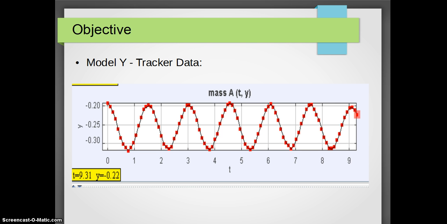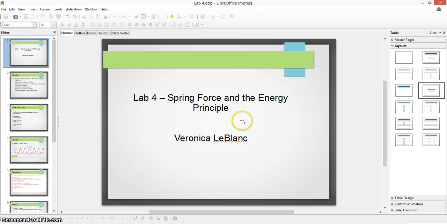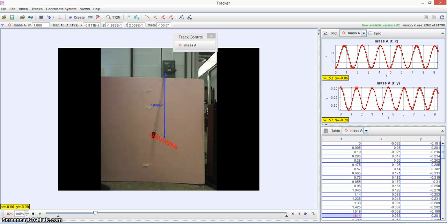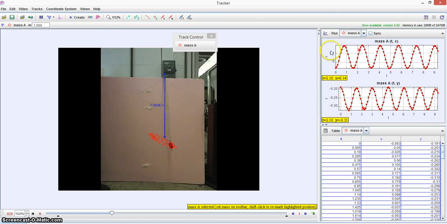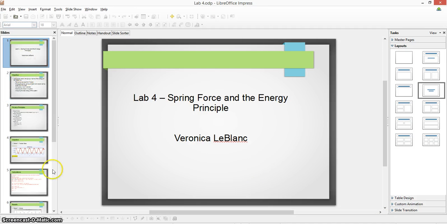This is the data that I got out of my Tracker model, which I will show here briefly. Here you can see on the right side of the screen that the period is pretty consistent. The motion of both the X and the Y is oscillating.